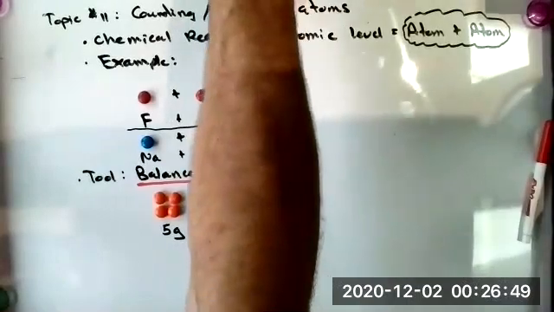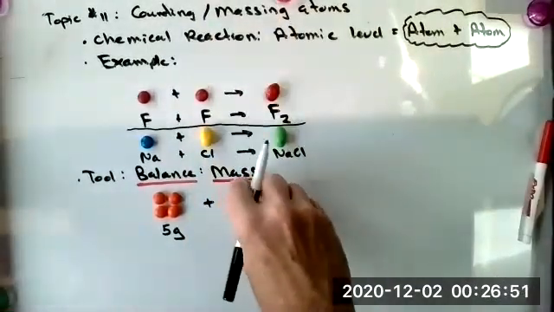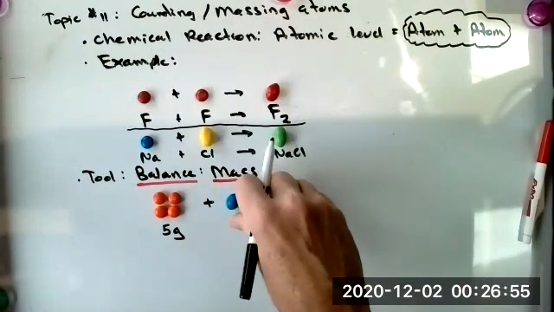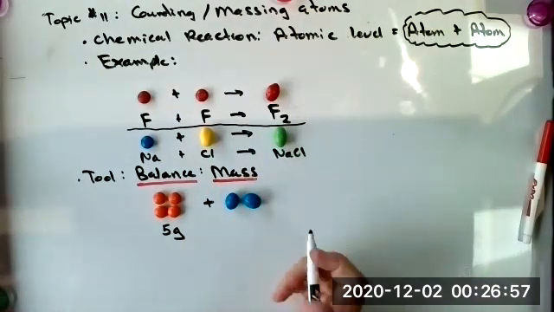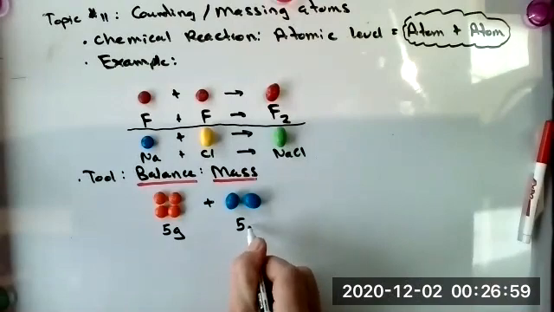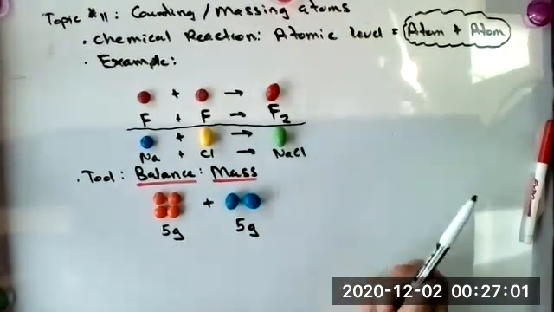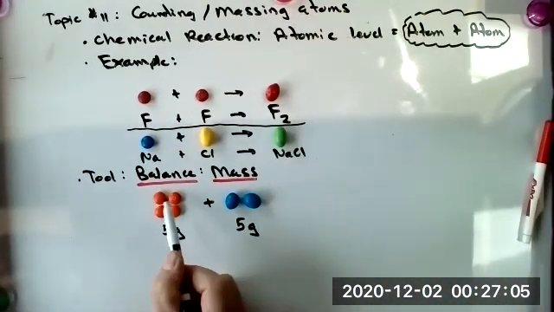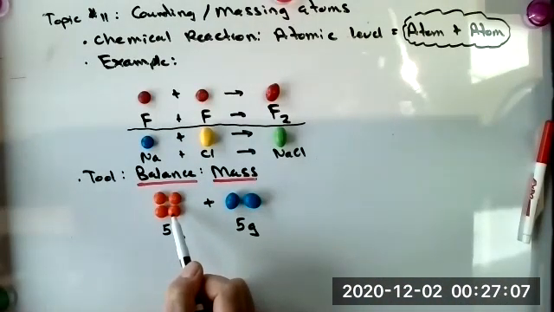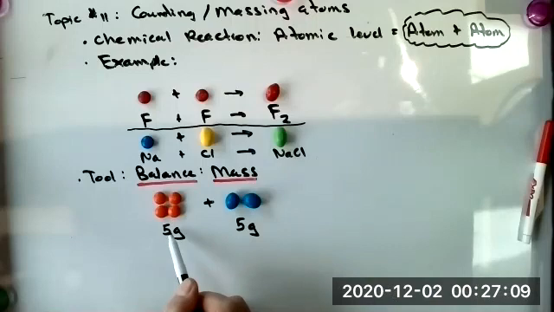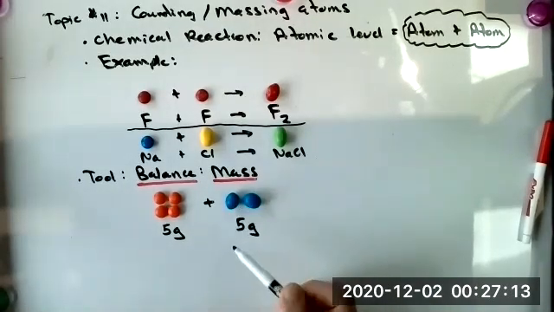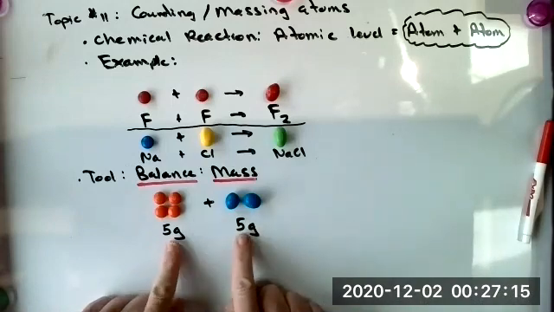I am now going to combine those four with two different atoms at the same mass. Okay, now here's where you got to put your thinking cap on. Since these guys are smaller, I would get more of them in 5 grams, and since these are larger, I get fewer of them in 5 grams. But the key is they're both at a mass of 5 grams.